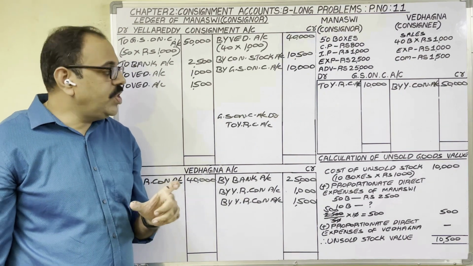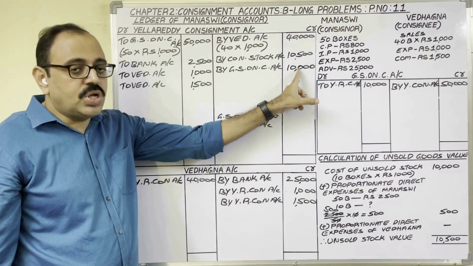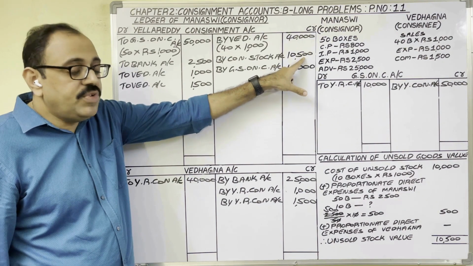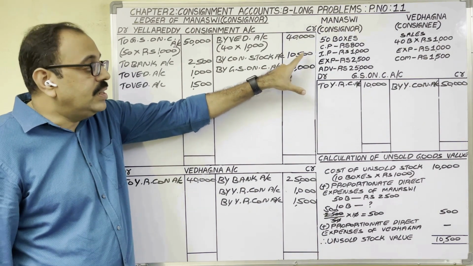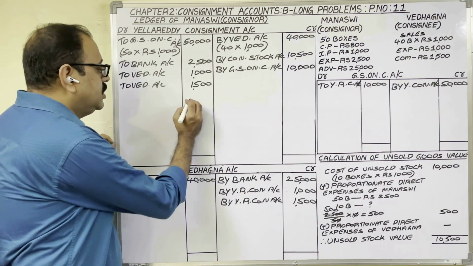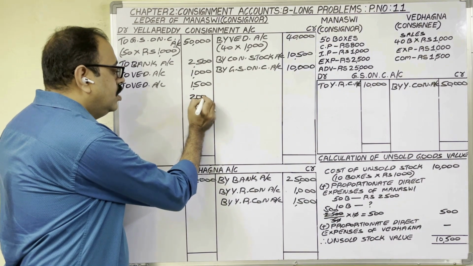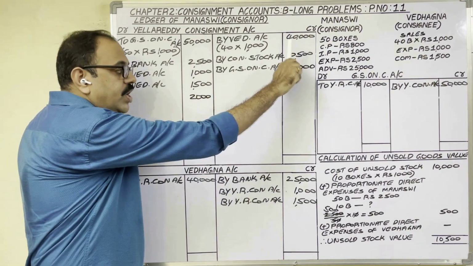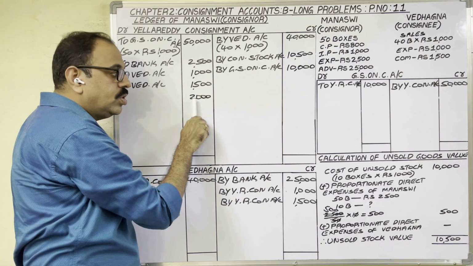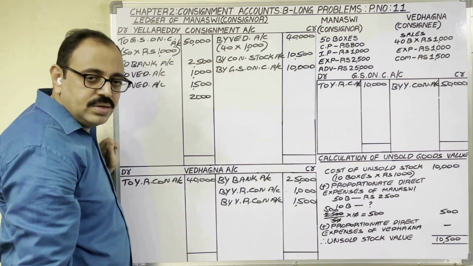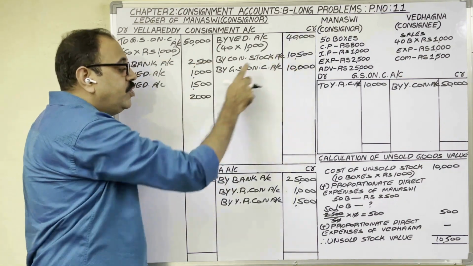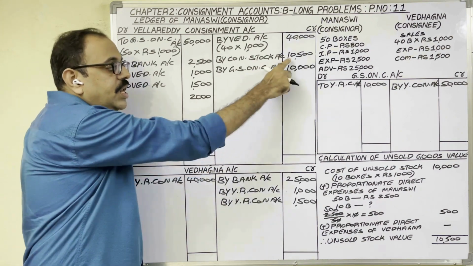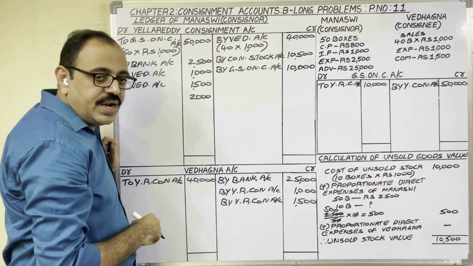Now the same thing we have to apply for unsold stock loading also. How much extra do we have? 2,000 rupees. If you debit that 2,000, then the 2,000 in 10,500 and this 2,000 both will get cancelled. If 2,000 is cancelled from 10,500, the remaining amount is 8,500.